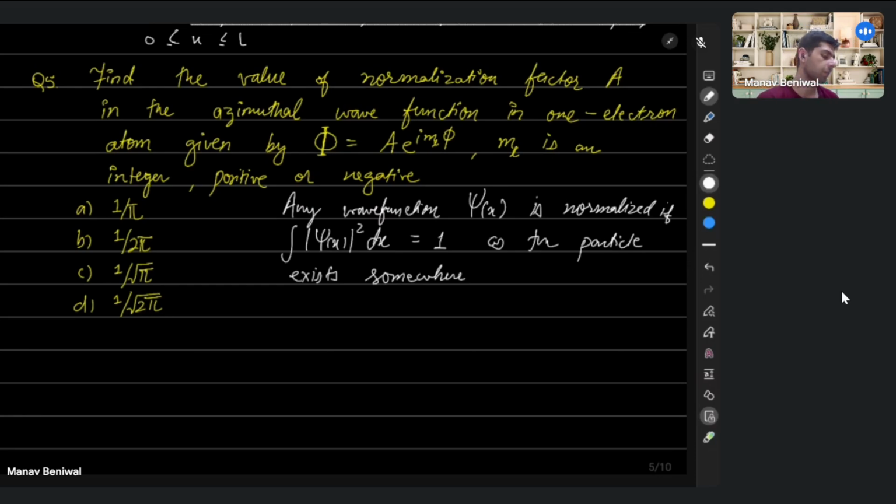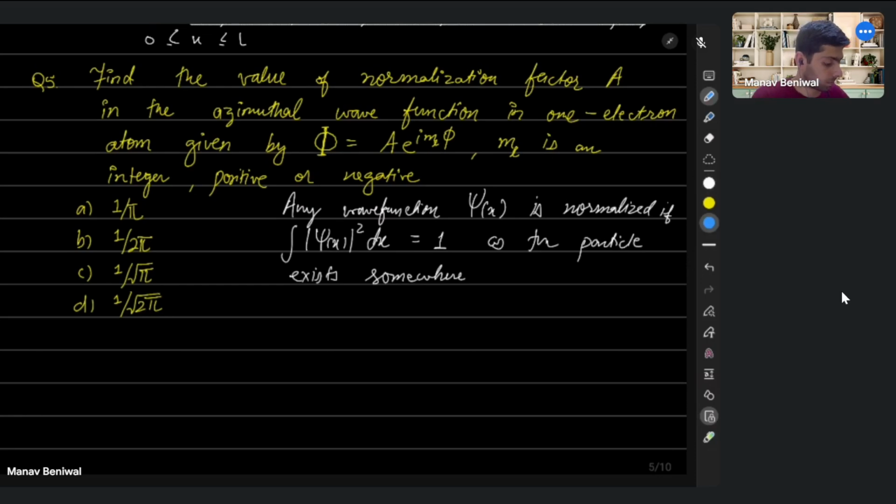Now here the difference is that we no longer have the Cartesian coordinates x, y, and z, but we have the spherical polar coordinates r, theta, phi, and we are given the azimuthal wave function. So here instead of dx we will have d phi.